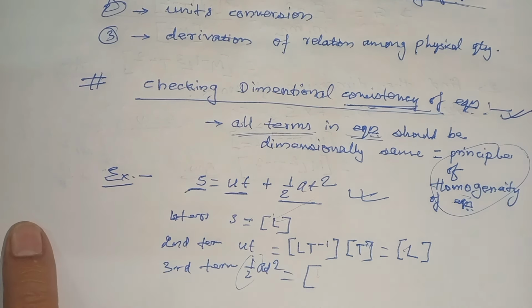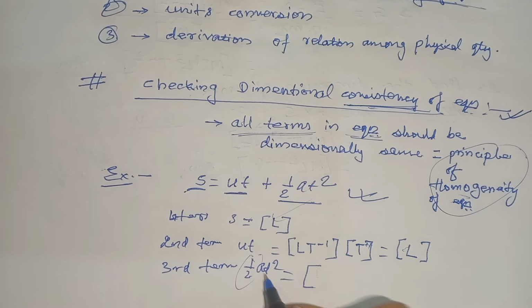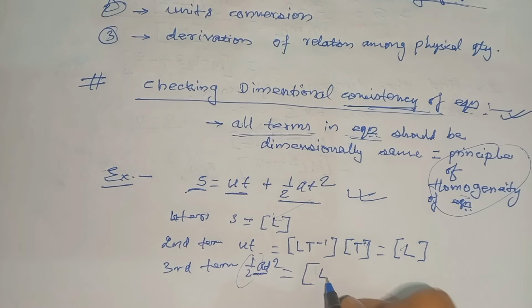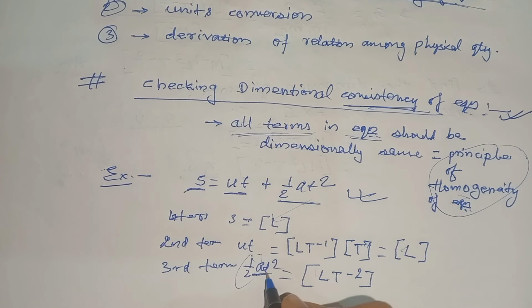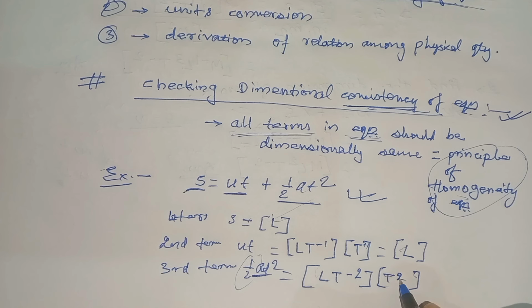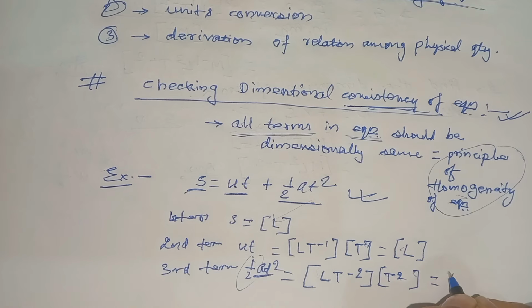And a means acceleration, with dimension L T minus 2, and t square is time square, so plus 2. Here the power is minus 2, so it cancels and only L remains.